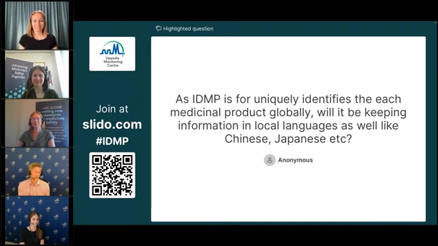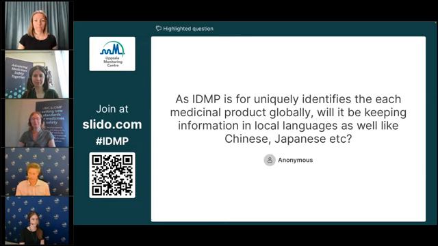Well, the IDMP identifiers are basically codes, and not in a particular language. But we know that, for instance, you have substances in different languages. So maybe we have talked about having translations, so we know what the GSID represents.